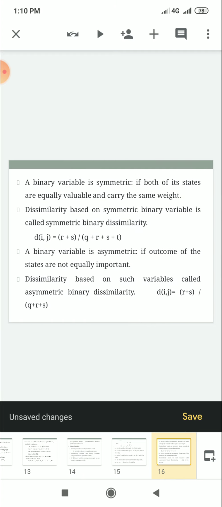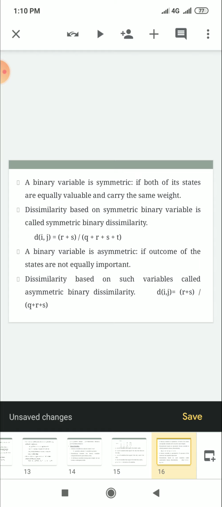A binary variable is symmetric if both of its states are equally valuable and carry the same weight. Dissimilarity based on symmetric binary variables is called symmetric binary dissimilarity. It can be calculated by the formula d(i,j) = (r + s) / (q + r + s + t). A binary variable is asymmetric if the outcomes of the states are not equally important.